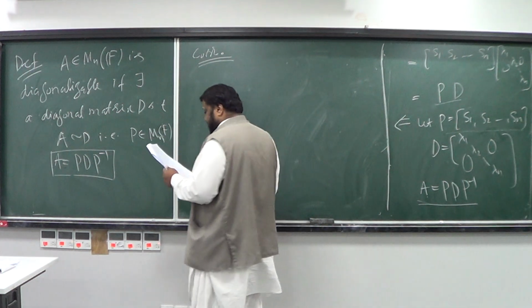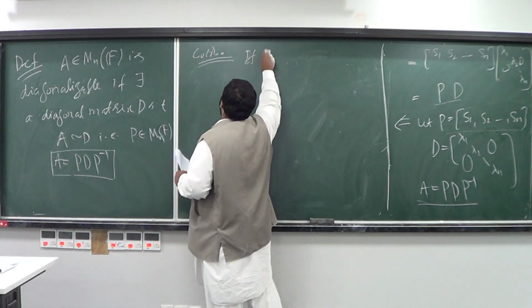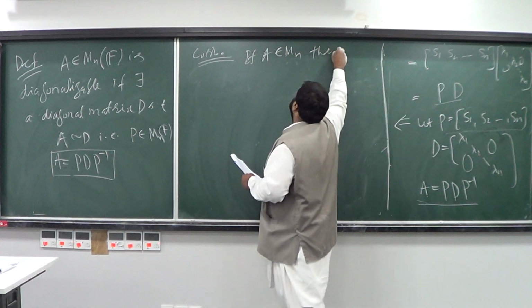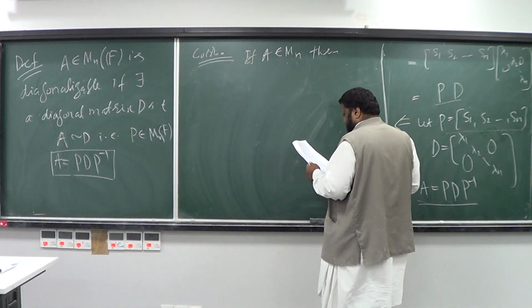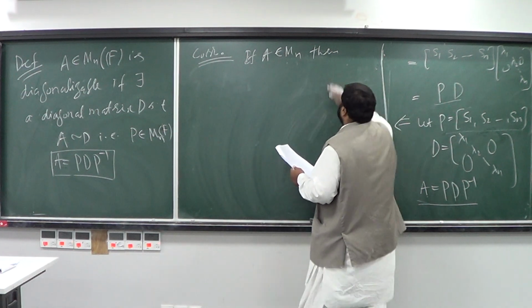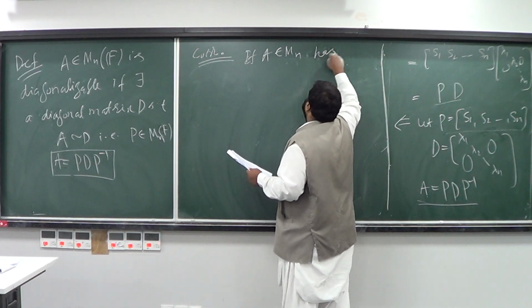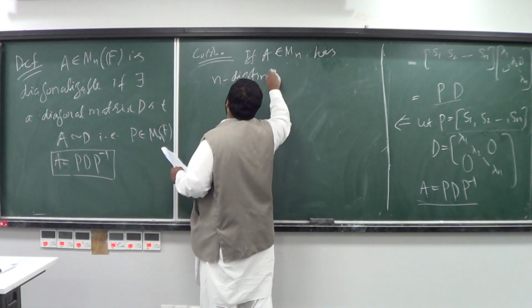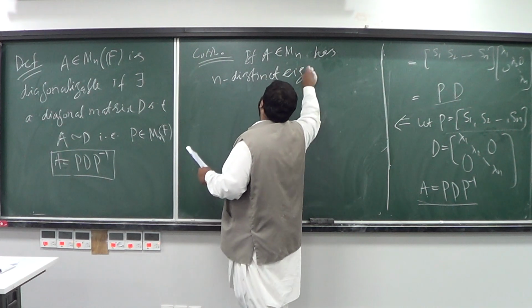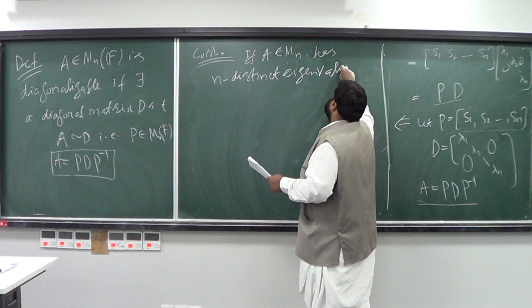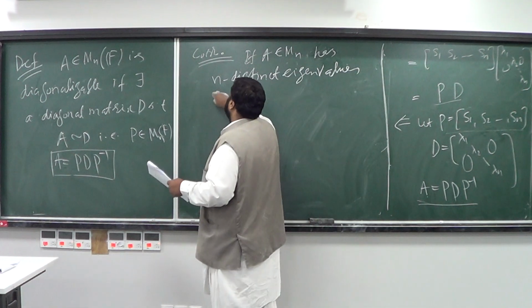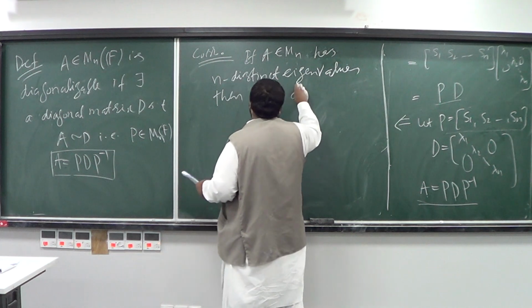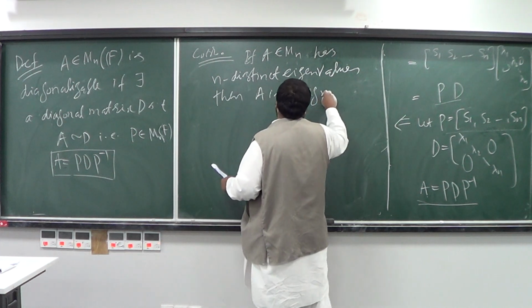So the corollary is that if A is in Mn and A has n distinct eigenvalues, then A is diagonalizable.